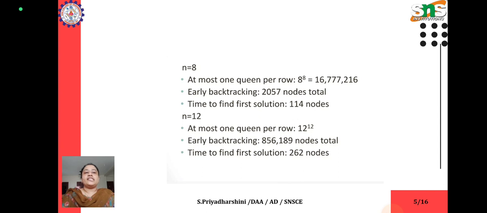In the same way, when n is equal to 8, it is 16,777,216 times, and the time to find the first solution itself is 114 nodes. When n is equal to 12, it is 12 power 12, and it takes nearly 260 nodes to find the first solution.